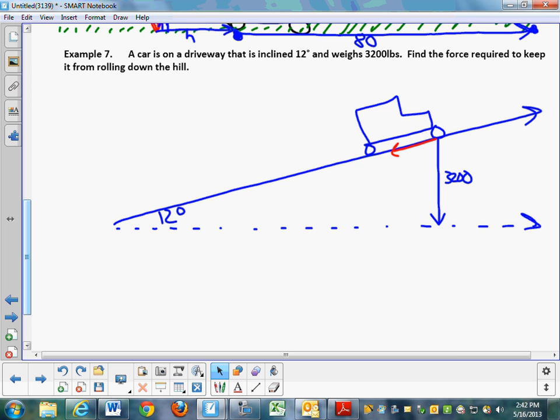I only need to find the red vector. The green vector represents the force exerted against the driveway. I'm just drawing that in case you have that question in your assignment.